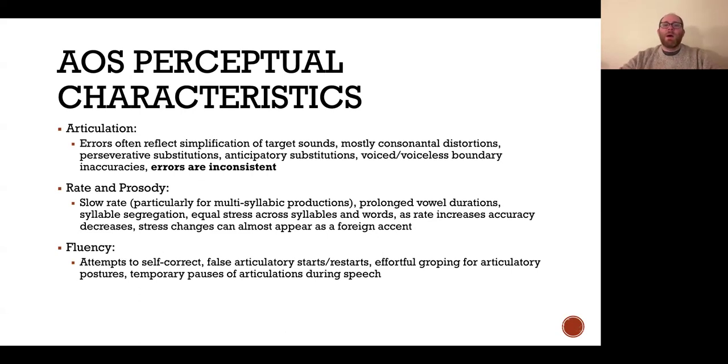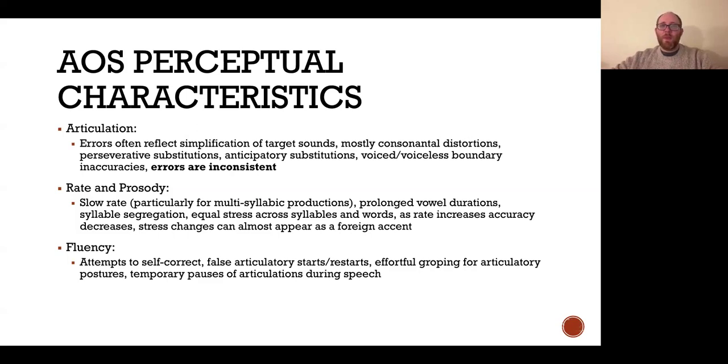They do have a lot of consonantal distortions. There are perseverative substitutions and anticipatory substitutions. There are voiced and voiceless boundary inaccuracies, where they just can't turn their voicing off, or can't turn it on, in between voiced and voiceless phonemes. And their errors are inconsistent.